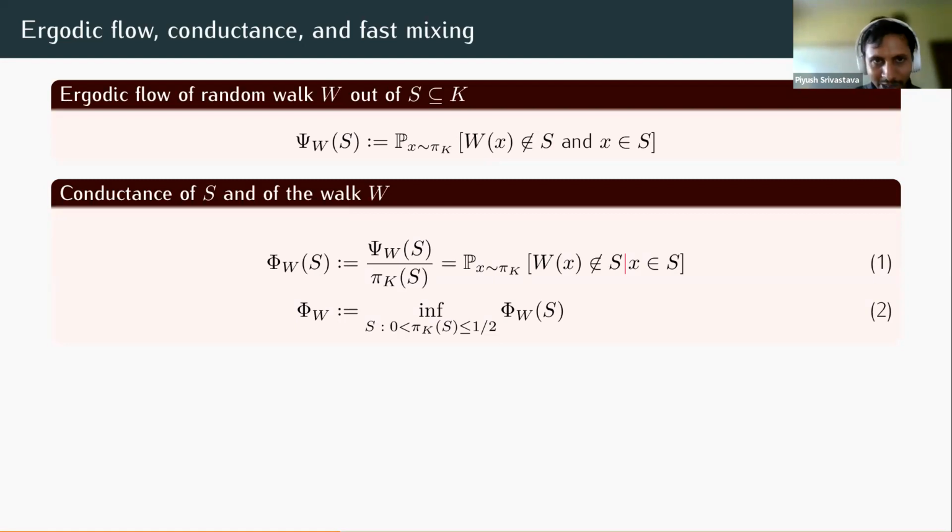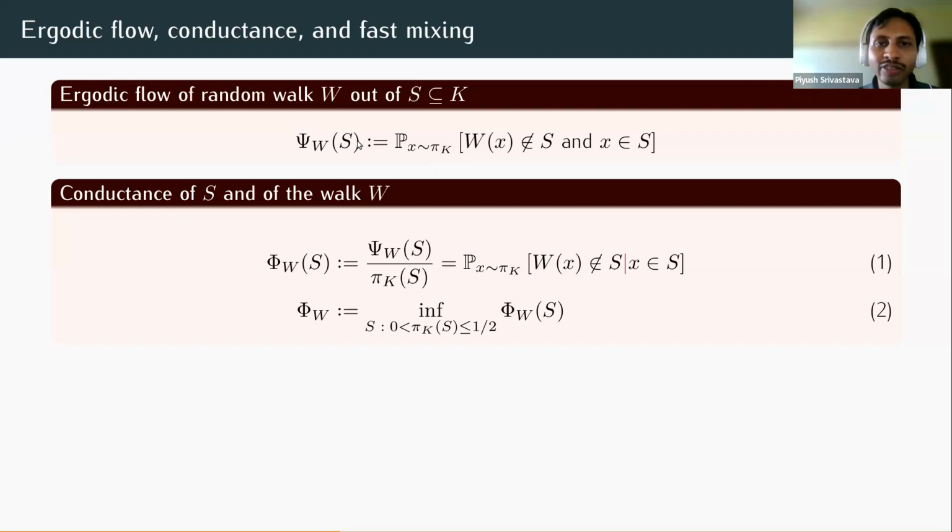There's a nice theory of this in terms of conductance, which also has a nice geometric interpretation. There are a lot of symbols here, but they're all very simple. Define the ergodic flow of a random walk out of any set. So this psi_W is the ergodic flow of the walk W out of a set S inside the body. And what is this? It is exactly that I first sample a point from the uniform distribution, and then I take a step.